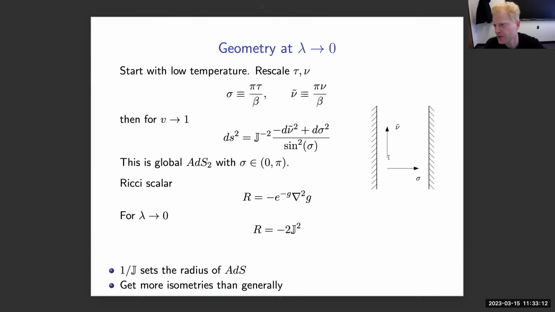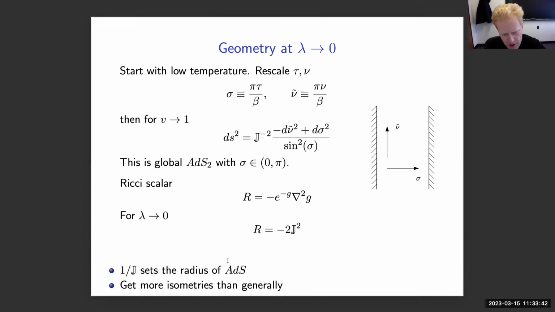This is exactly the metric of two-dimensional AdS, as I promised at the beginning. Another way to see that is to consider the Ricci scalar, which is essentially this Laplacian of g. This is the usual relation between the Ricci scalar and the Weyl factor. So at lambda goes to 0, it's just a negative constant, a constant minus 2j squared. So indeed, it says that it's just AdS2.